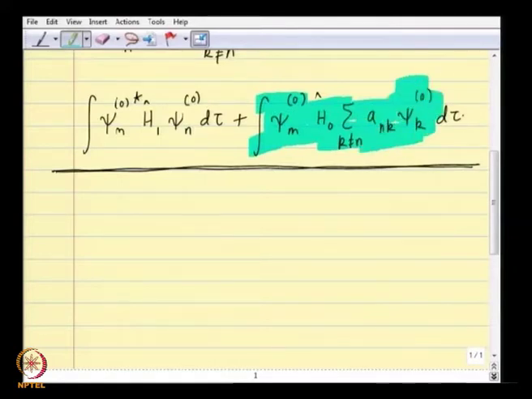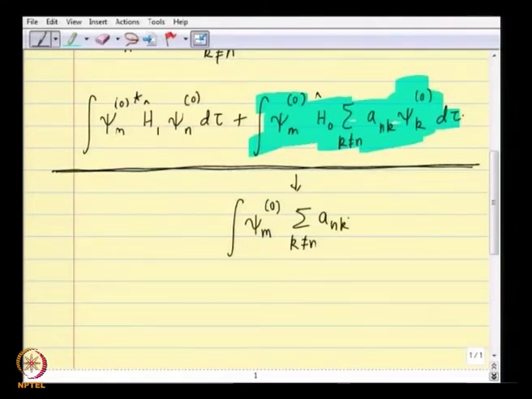See that the operator H naught acts on psi k0 on the right hand side, or psi m0 on the left hand side. It does not matter which one we worry about, but this would give you the quantity psi m0, sum over k not equal to n a n k, H naught acting on psi k0 will give you E k0 psi k0, d tau.